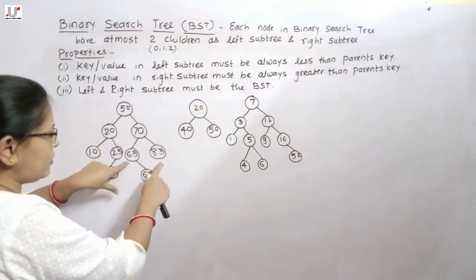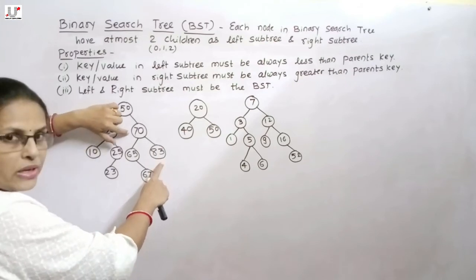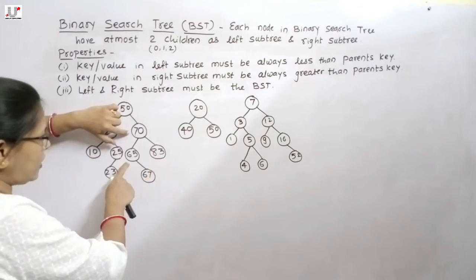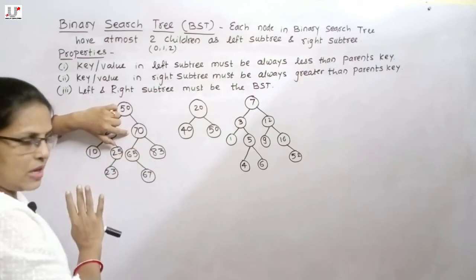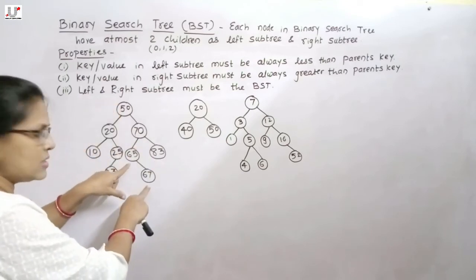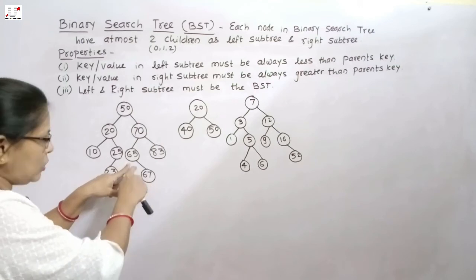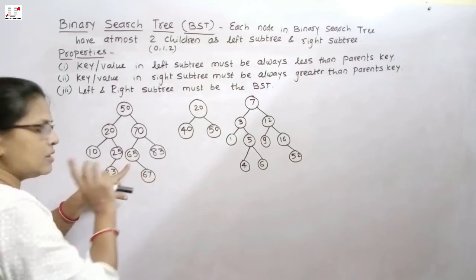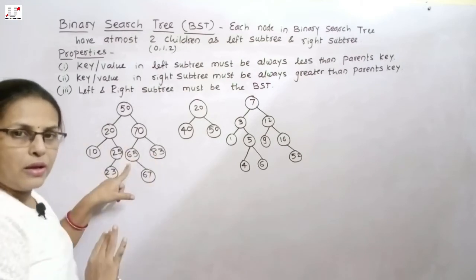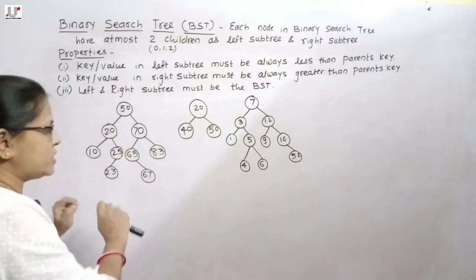Then for 65 and 83, again 70 is the parent, and 65 is smaller than 70 and 83 is greater than 70. For 67, 65 is the parent with only one right child, and as the value is greater than 65, it is attached to the right of 65.